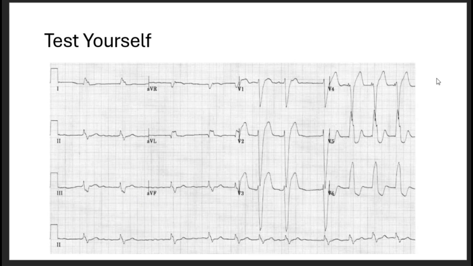And if you see here, there are deep S waves in V1. They're not really notched, but it's a bit notched in V6 and V5, a notched R wave. So deep S waves in V1, notched R wave in V6. So we say William. This is a left bundle branch block.